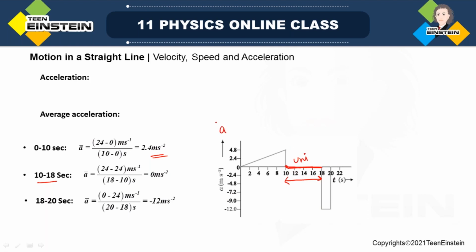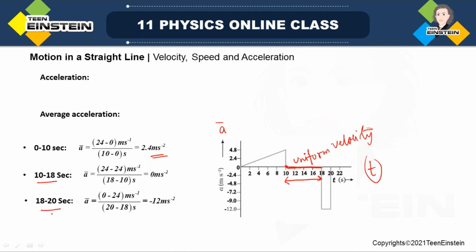We are plotting the average acceleration versus time curve, not the position time curve. Zero acceleration means uniform velocity, which we learned from the previous figure.